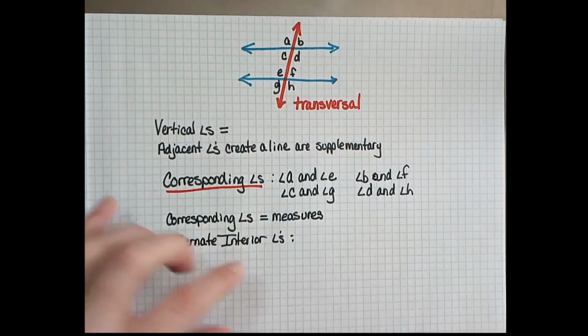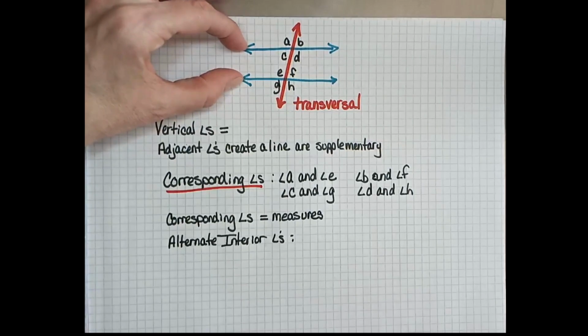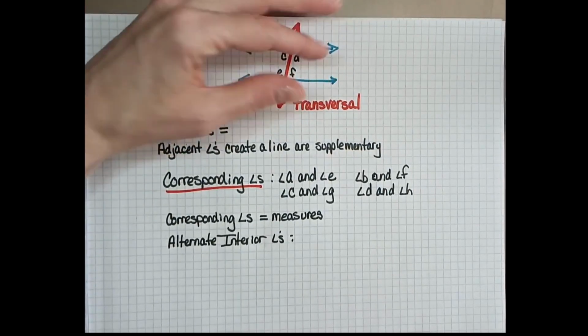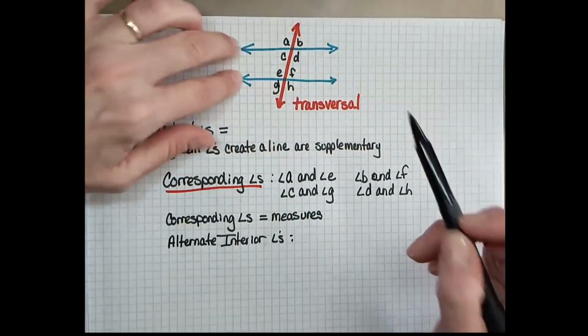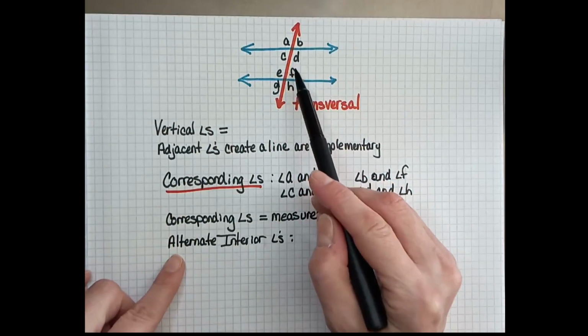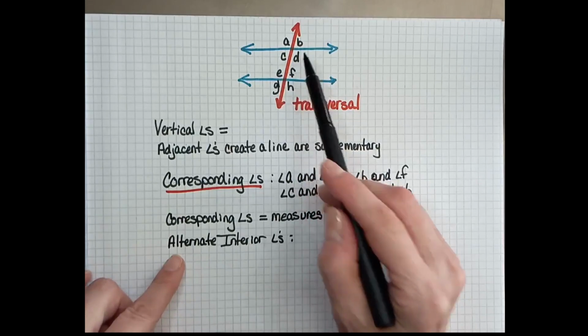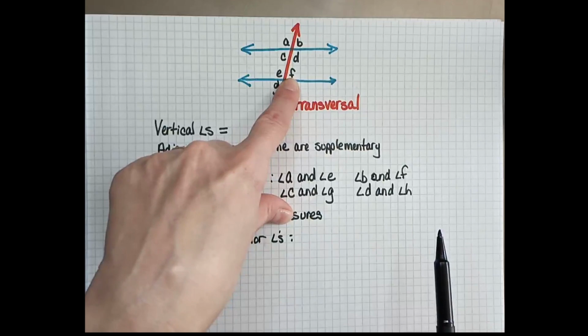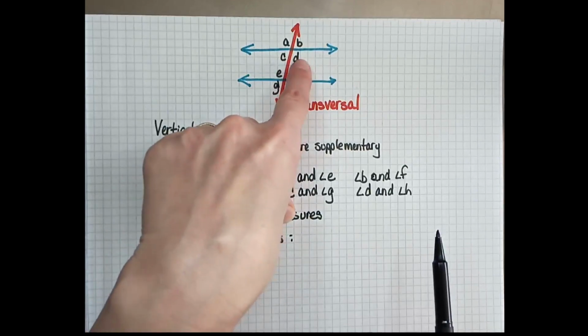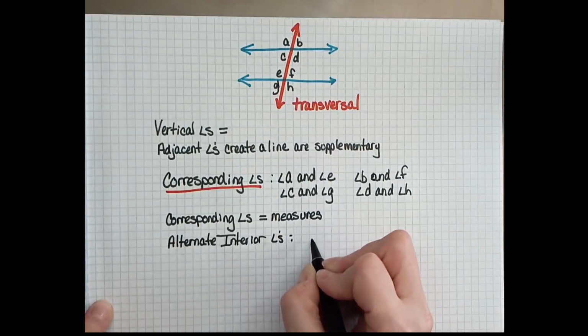But alternate interior means that they are inside those blue parallel lines. So that means they are between the two blue lines. So if they are alternate and they have to be interior, that means C and F are alternate interior angles. And E and D are also alternate interior angles.